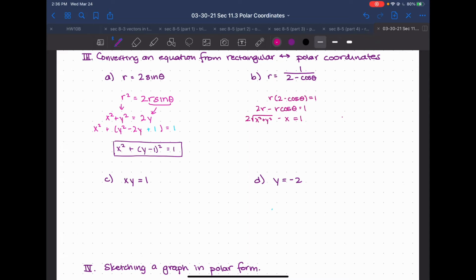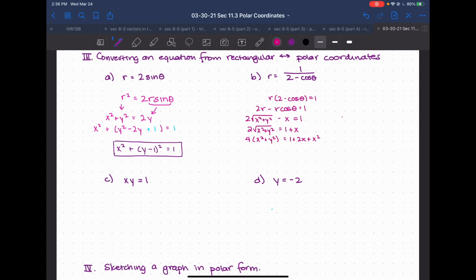But again, let's play around with this and see what we can get. I'm going to move the x over to the other side, and then if we square both sides, I get this.